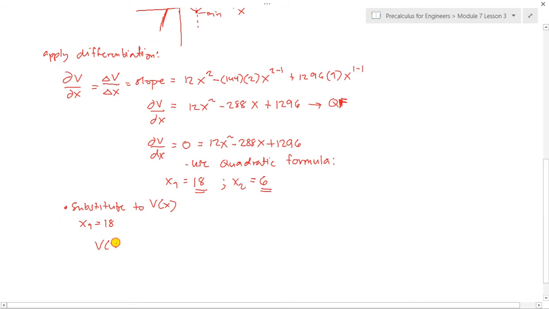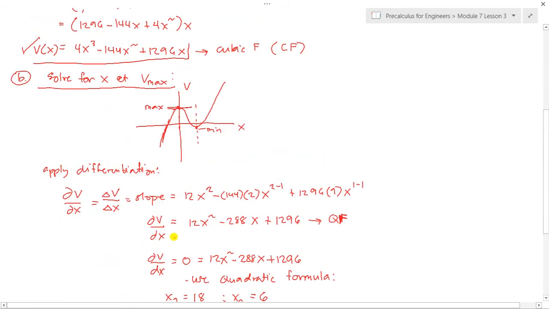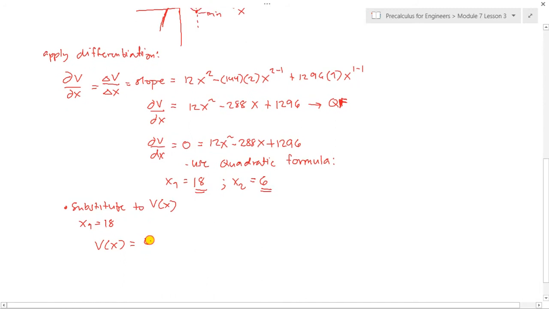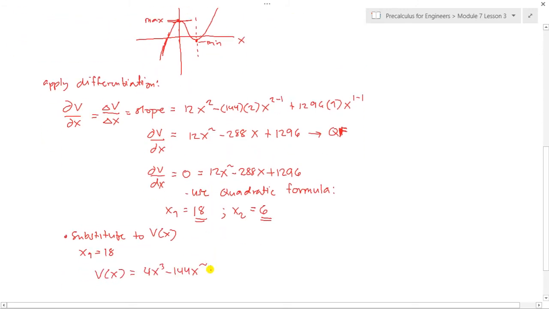So V of x is equal to 4x cubed minus 144x squared plus 1296x.